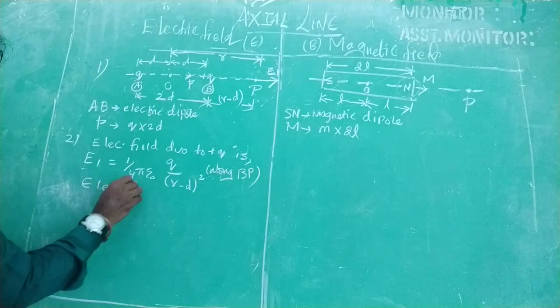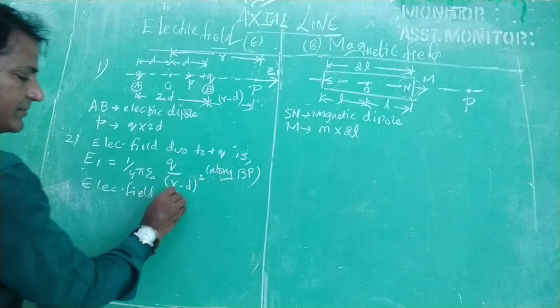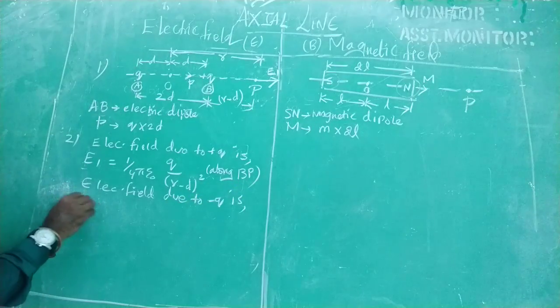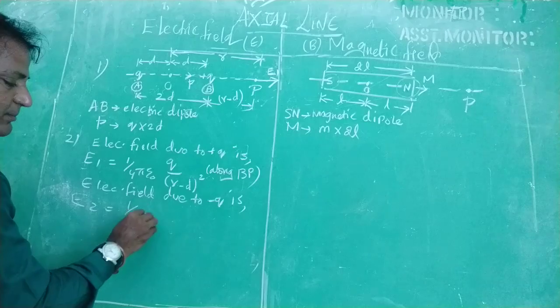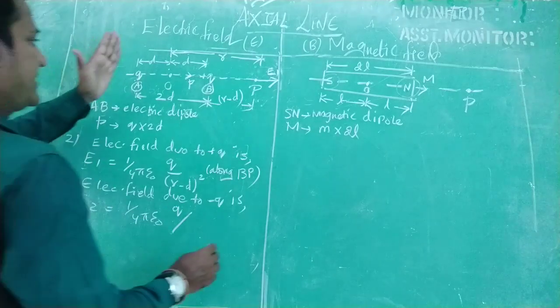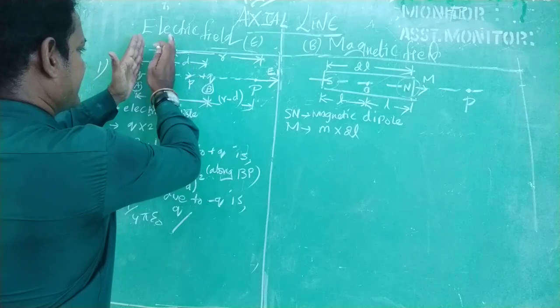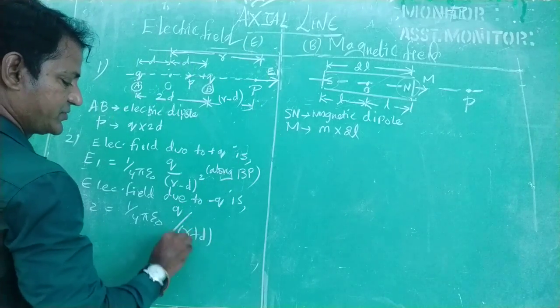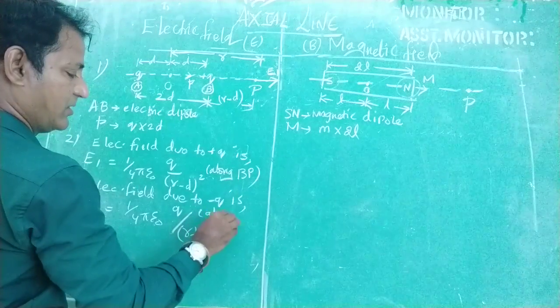And the electric field due to minus Q, E2, is equal to 1 by 4 pi epsilon naught, Q by, so the distance between minus Q and P is, this is d and this is R, so (R plus d) the whole square, which acts along PA.